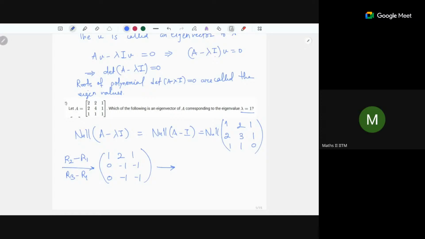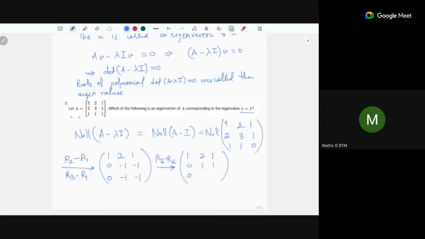Now R3 minus R2 will lead you to this, and you multiply R2 by minus 1 later. I'm doing both of the operations together.